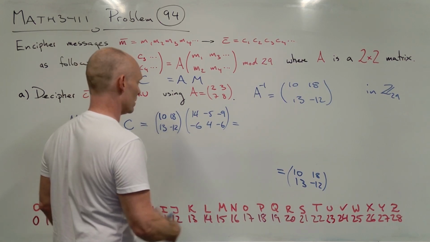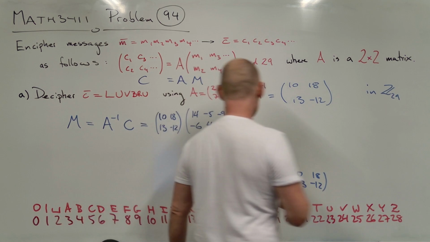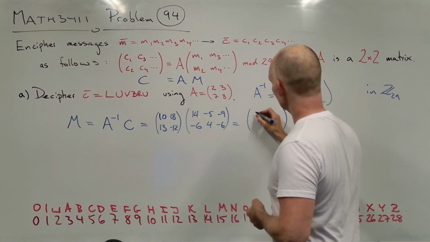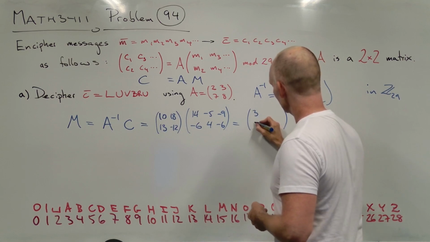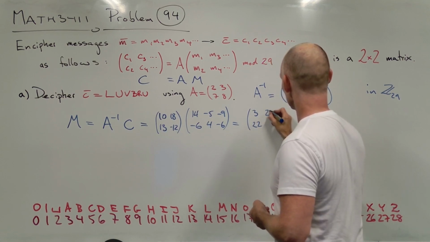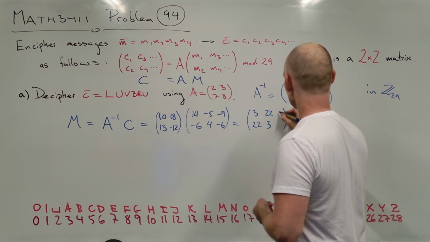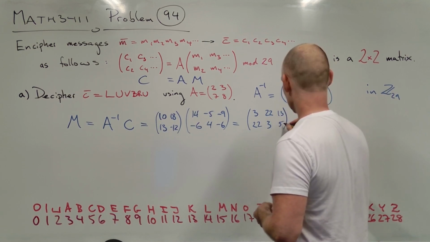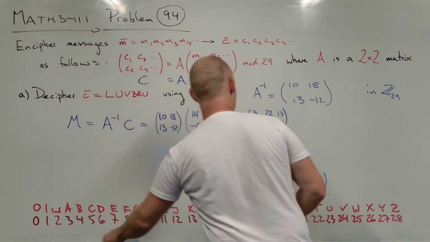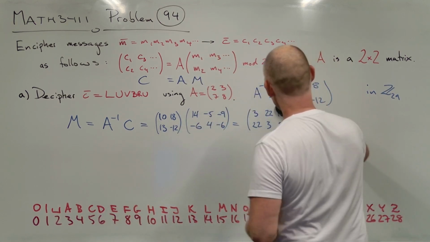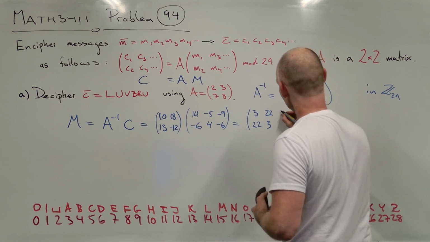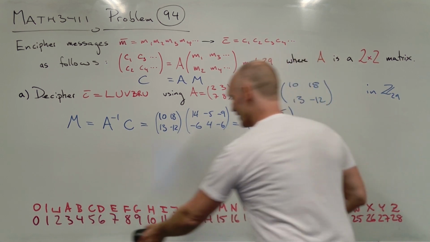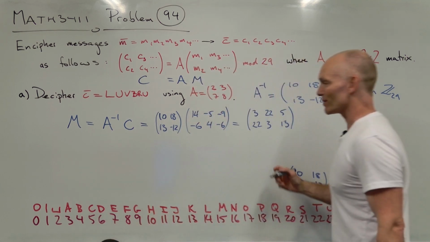And the matrix that you get out of it, we can just write up here. 3, 22, 22, 3, 13, sorry, 5 and 13. Here we go, 5 and 13. Okay, so what is the message?